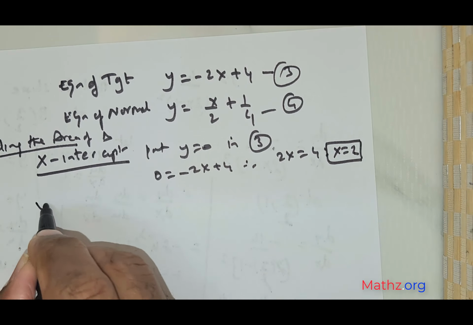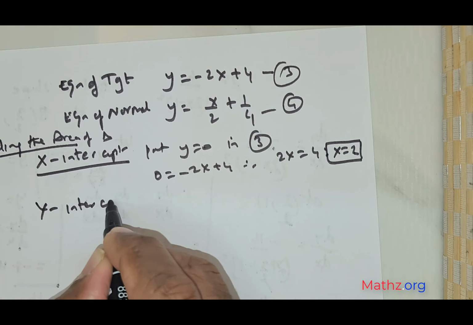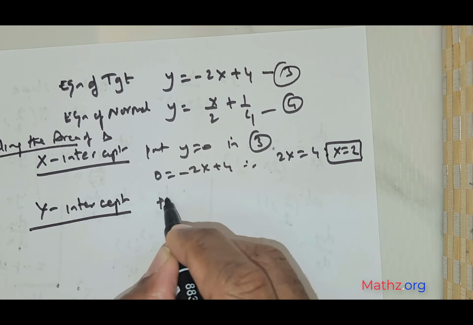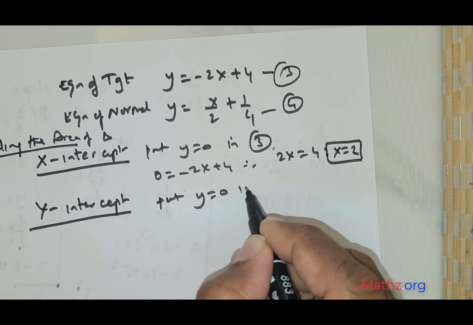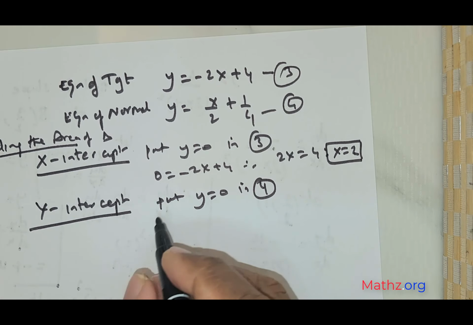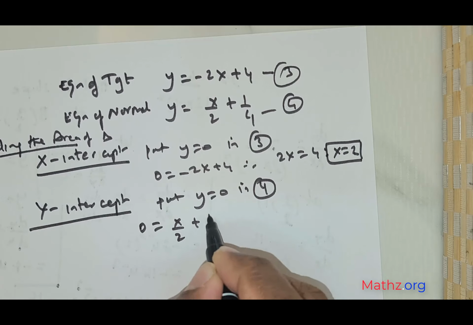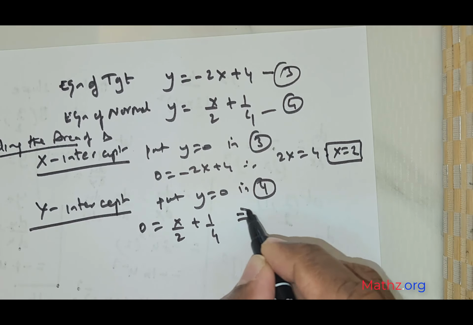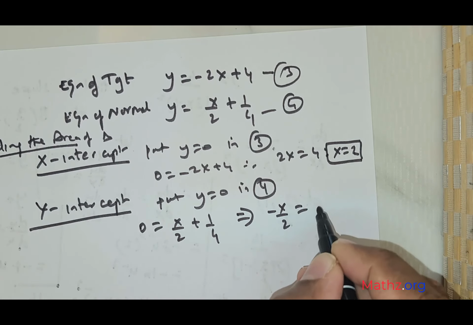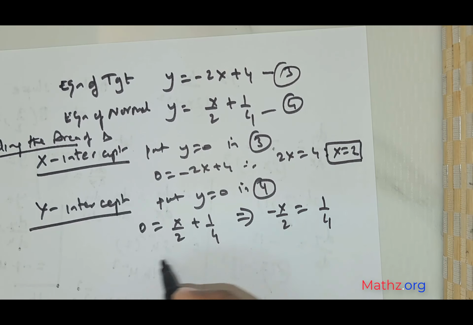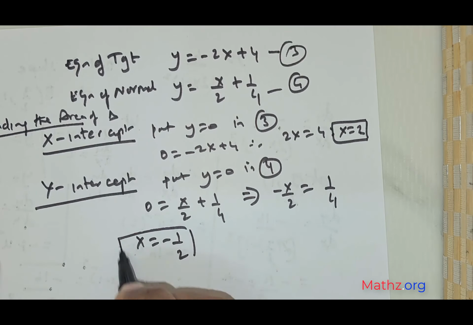Now similarly, you need to get the x-intercept of the normal. So for that you put y equal to 0 in 4. So this is 0 is equal to x/2 + 1/4. This means negative x/2 is equal to 1/4. This means x is equal to negative 1/2. Right.